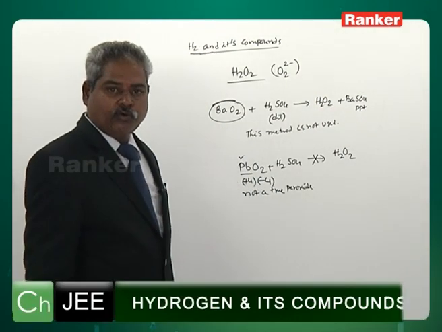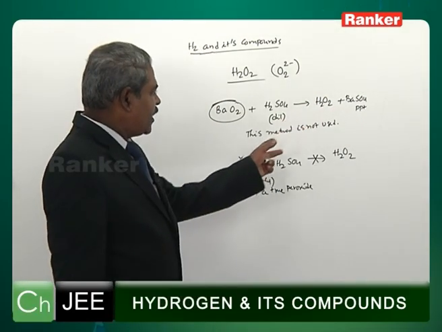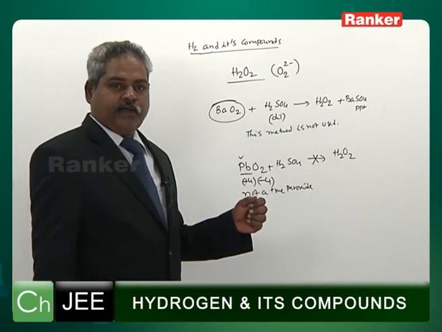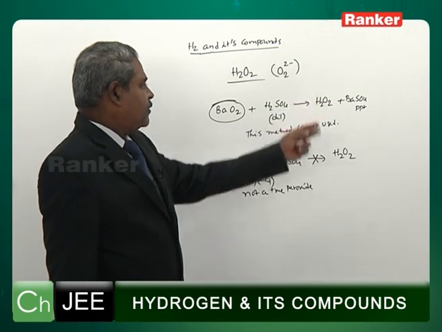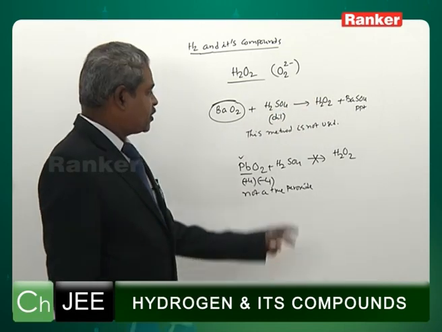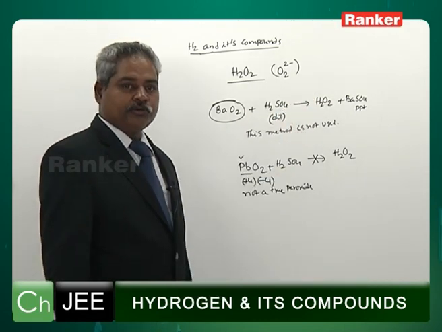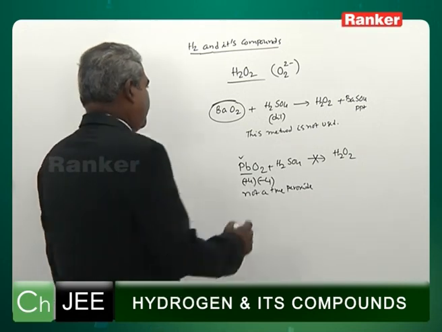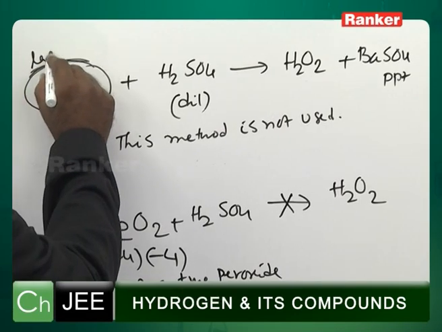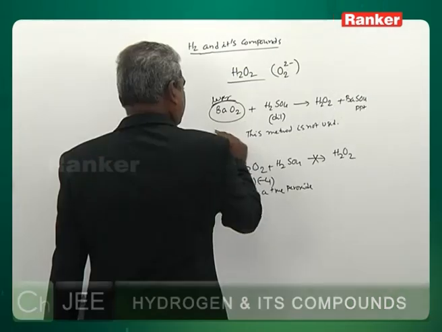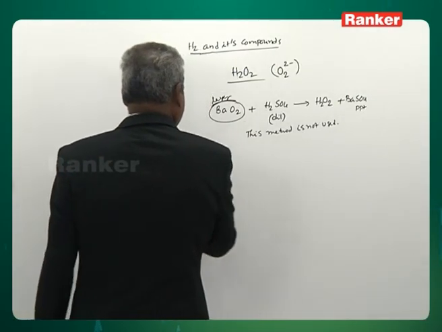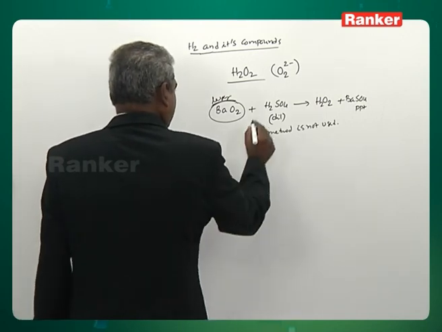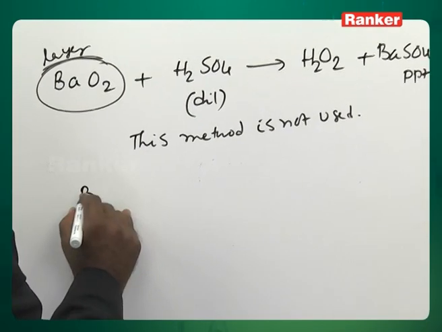Wherever you have BaSO4, it does not allow the reaction to go further. It almost acts like a negative catalyst. You find BaSO4 at many places where the reaction does not go to completion. It stops midway through. Therefore, this is not used. Though you get H2O2, this is not used. So, then how is H2O2 prepared from barium peroxide?